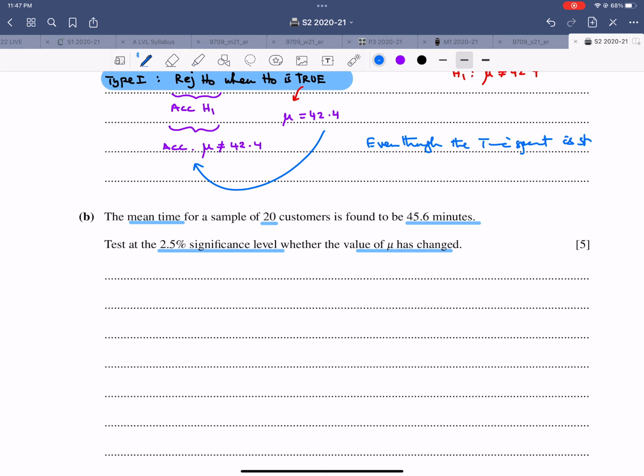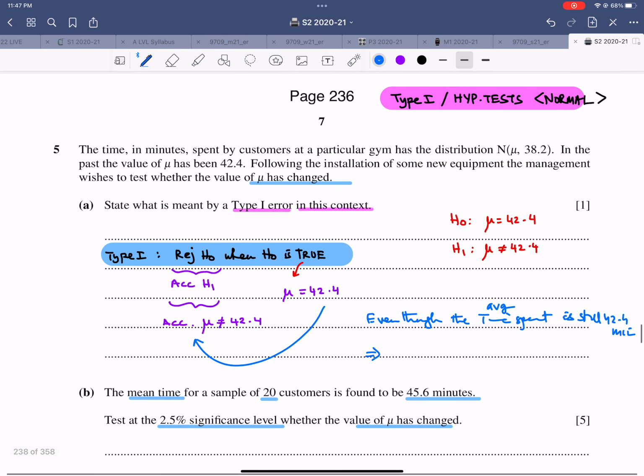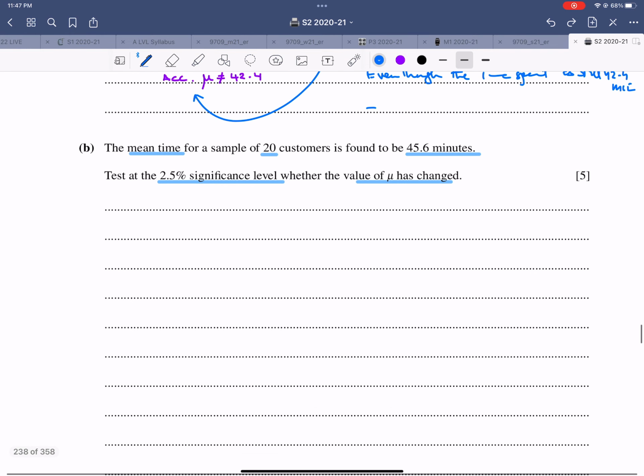That's the average time. But the management insist that it has changed. Now that's the thing. We are talking about an error that is happening. So therefore, we are concluding that the mean time has changed, whereas in reality it has not changed. So this is the definition of type 1 error.